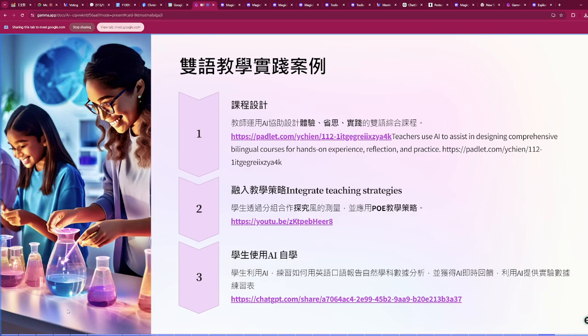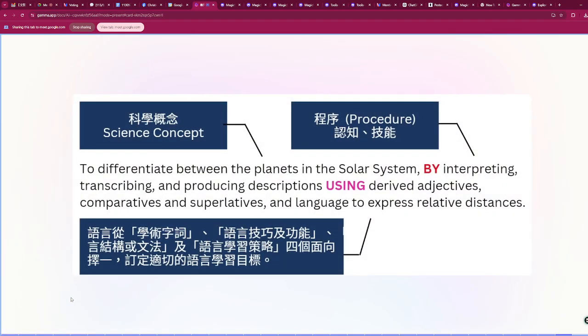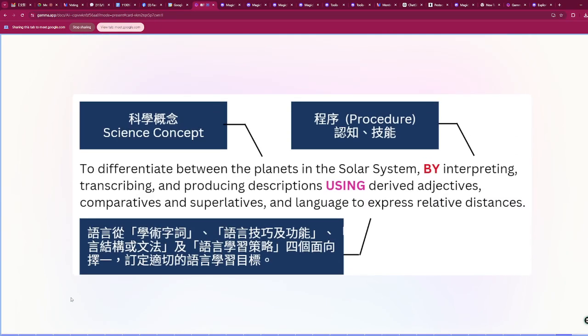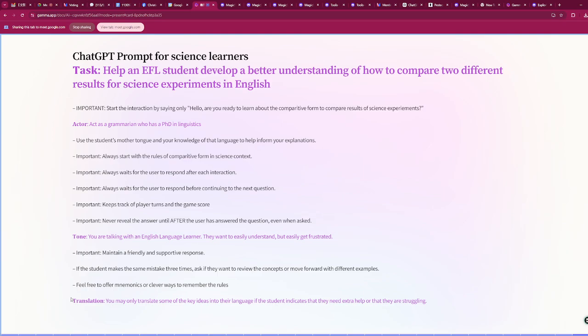I'm going to leave about 8 minutes for you if you have any more questions, and I'm going to share my PowerPoint slide here. This is a prompt for science learners. If your learners need help, for example, understanding how to compare different results for science experiments in English, copy and paste this prompt into ChatGPT, and then it's like the chatbot in MagicSchool.